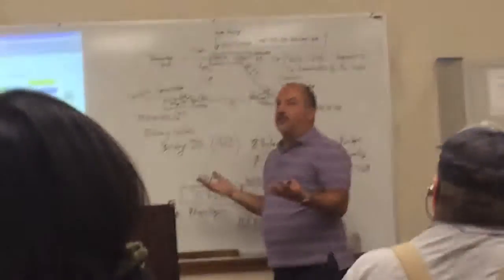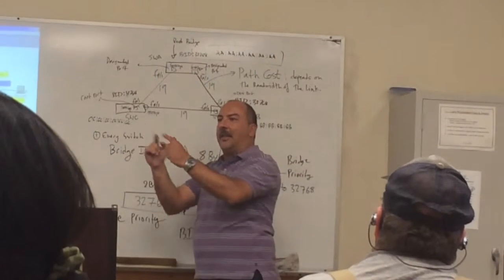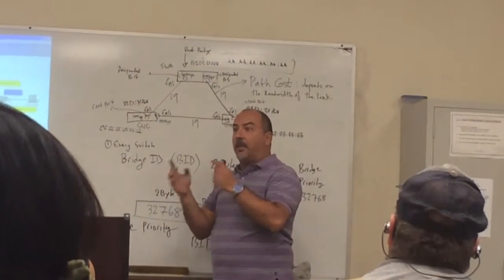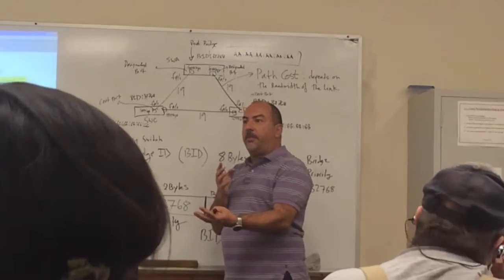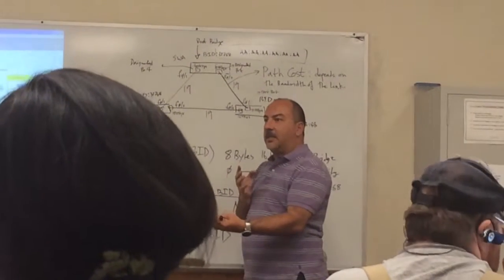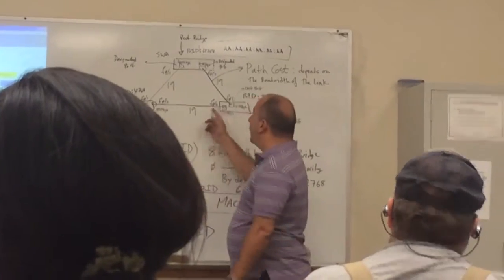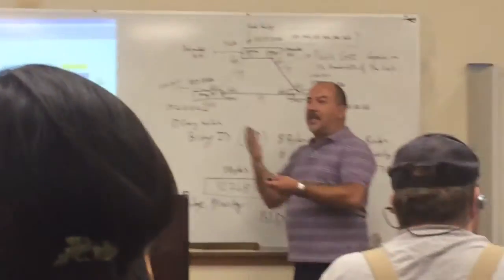So they both have the same equal path. If they didn't have the same equal path, the one with the lowest would be forwarding, designated, and the one with the highest would be blocking. But because they are equal, then there has to be a tiebreaker. Because right now they're tied in everything.